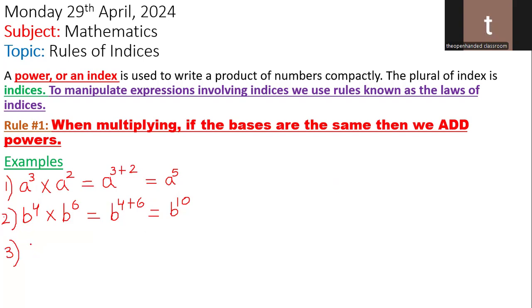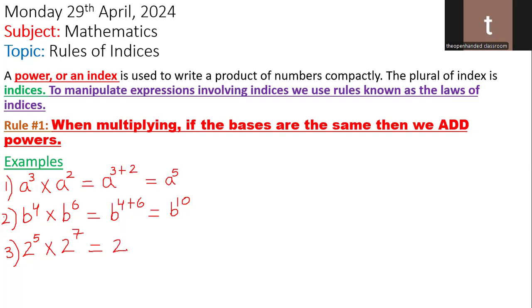So for example, if I have 2 to the power of 5 multiplied by 2 to the power of 7, what would my answer be? 2 to the power of 12. How did you get that?